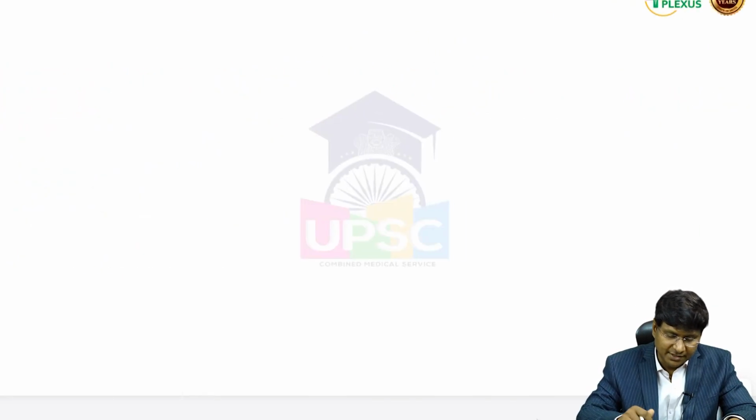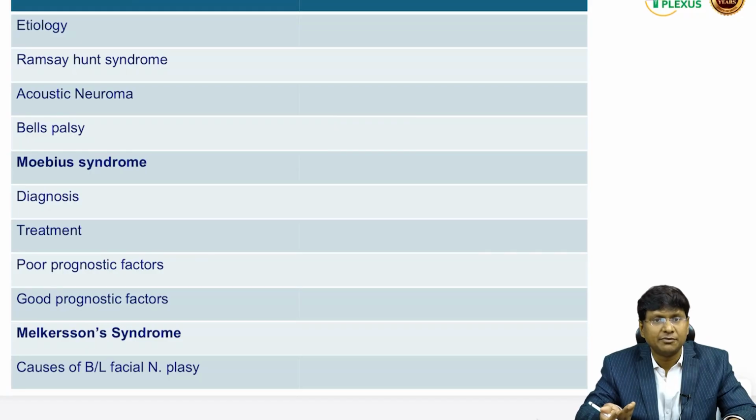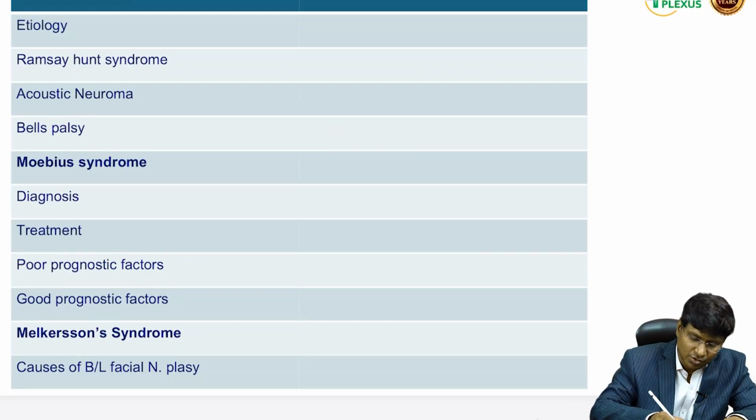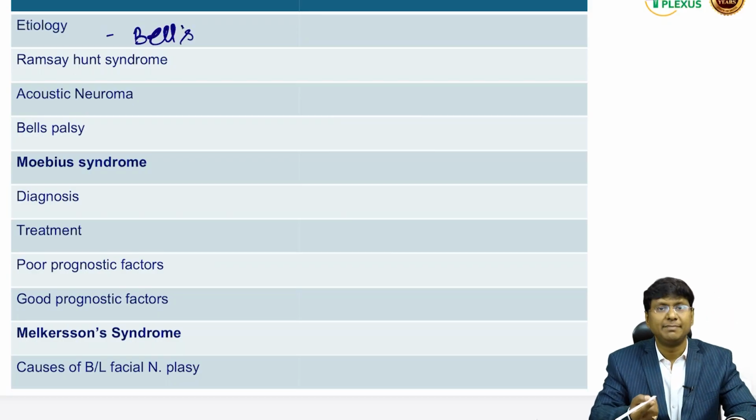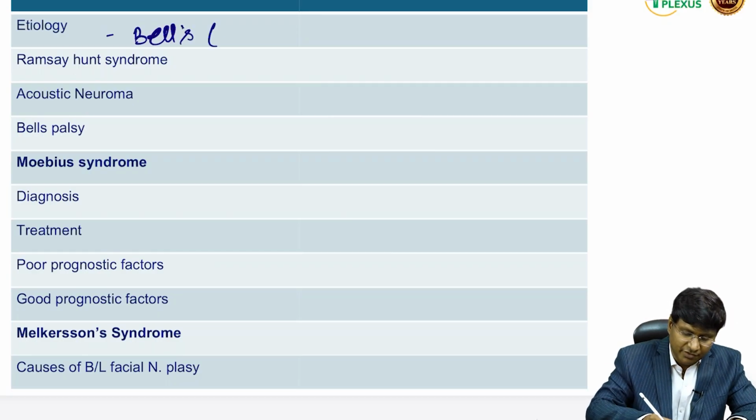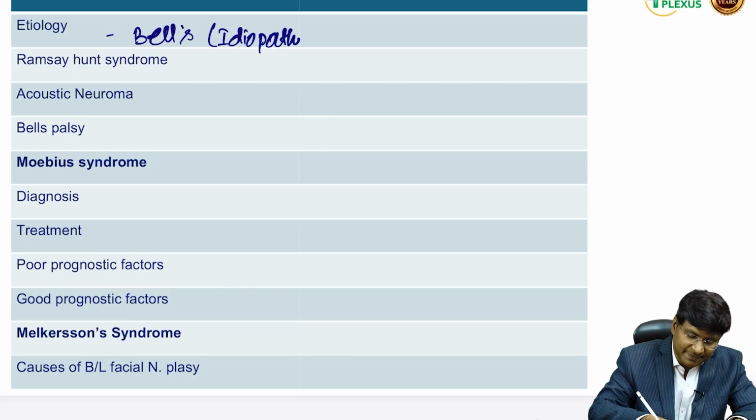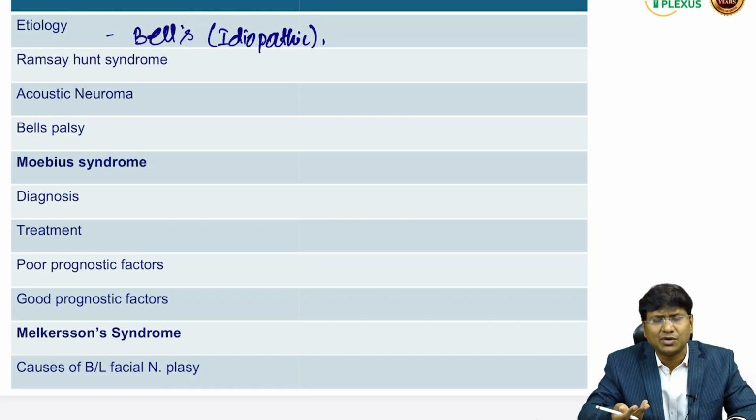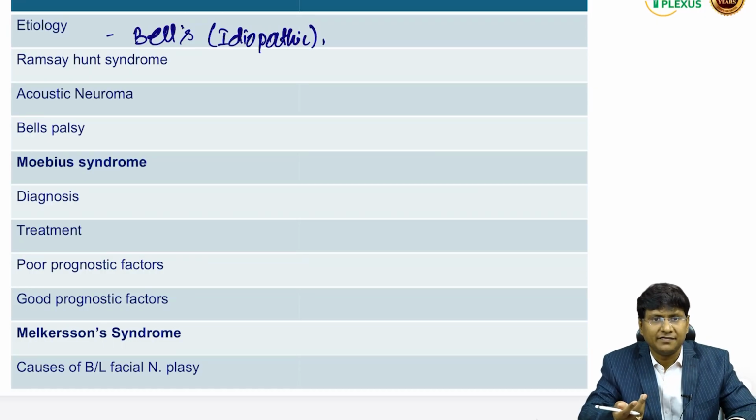Now if you take the 7th nerve, that is the facial nerve palsy, what are the various causes of the facial nerve palsy? One of the very important etiologies is the Bell's palsy, right? So in case of Bell's palsy, what exactly is the cause? It is idiopathic, we don't know, or it could be secondary to certain viral infection.